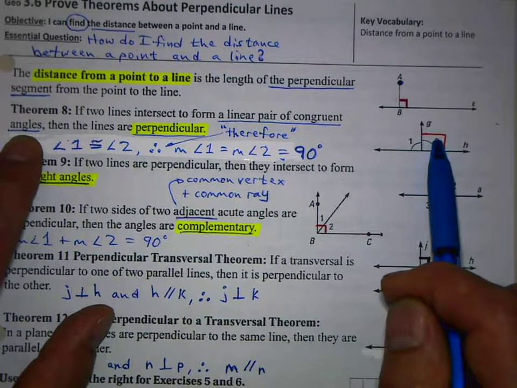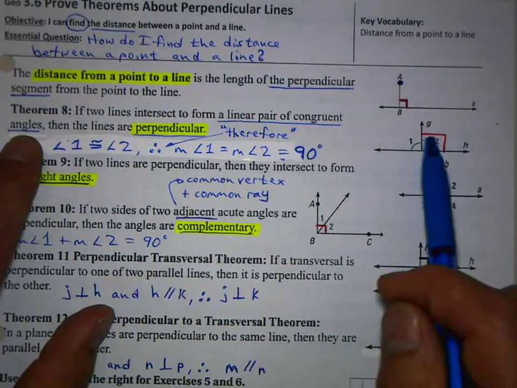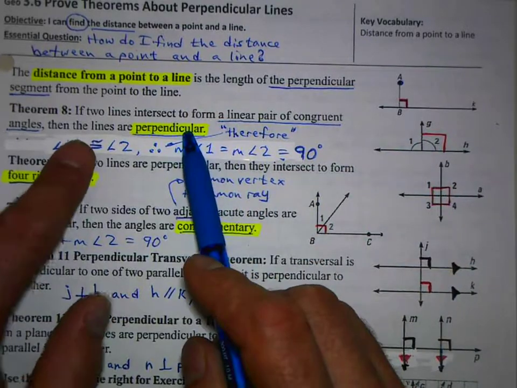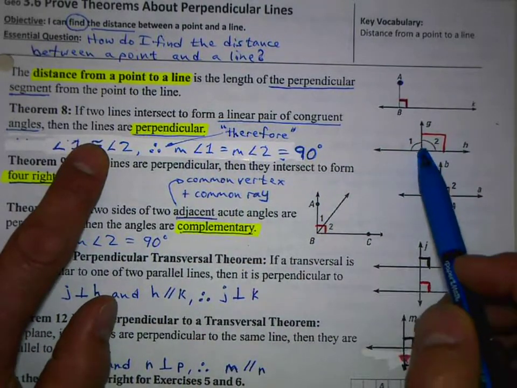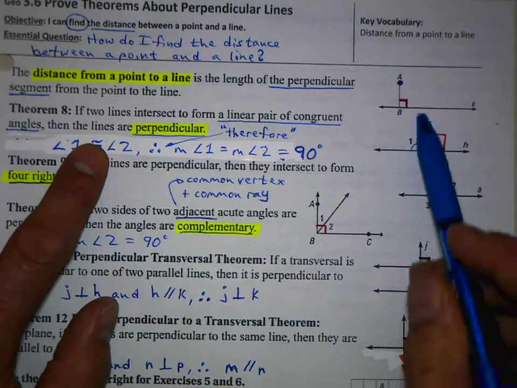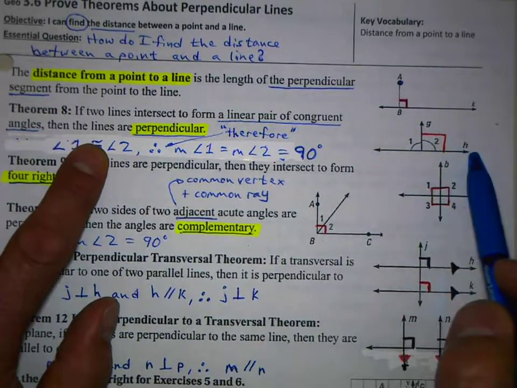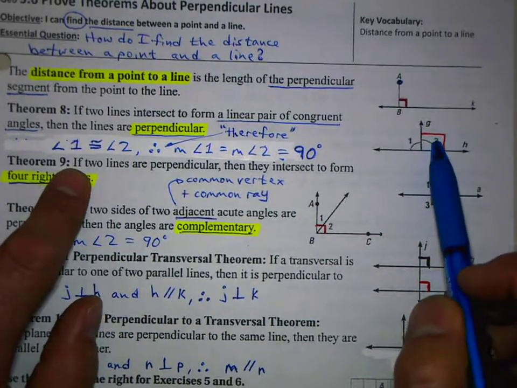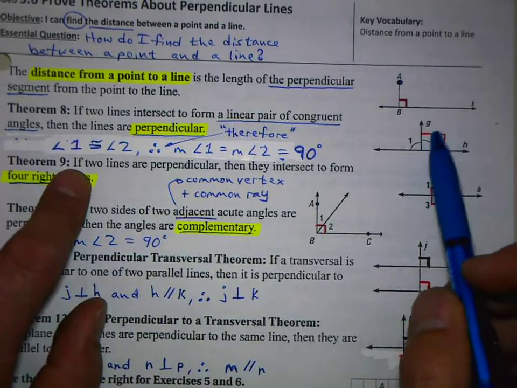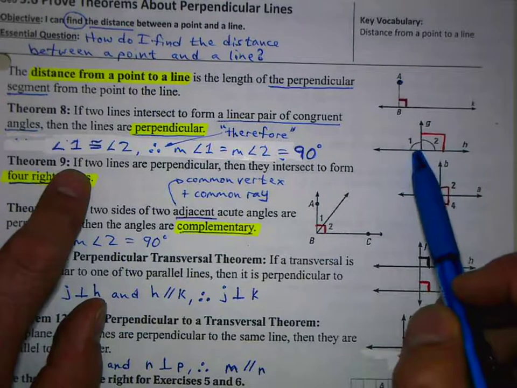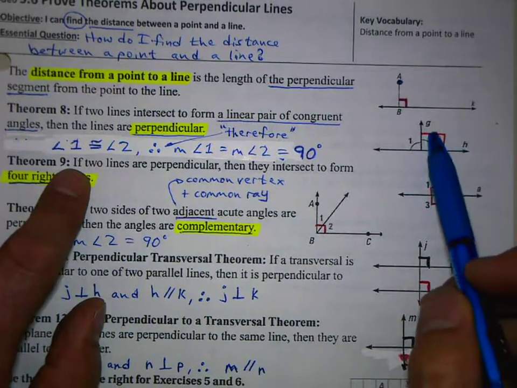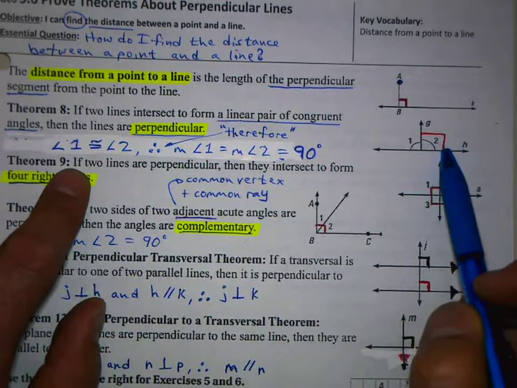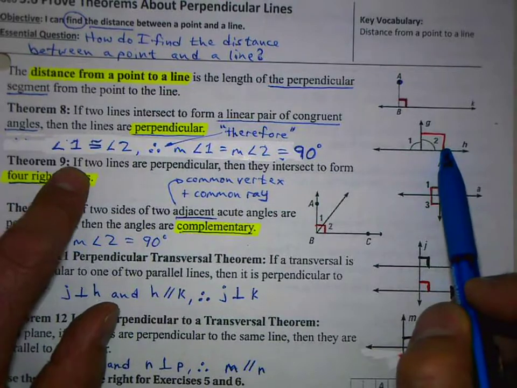And these two angles also, they tell us, are congruent. So angle 1 is congruent to angle 2. Then the lines are perpendicular. They're saying that this line, the vertical line, would be perpendicular to your horizontal line. So again, linear pairs that are congruent are going to be creating perpendicular lines, and therefore this angle would be a right angle, 90 degrees.